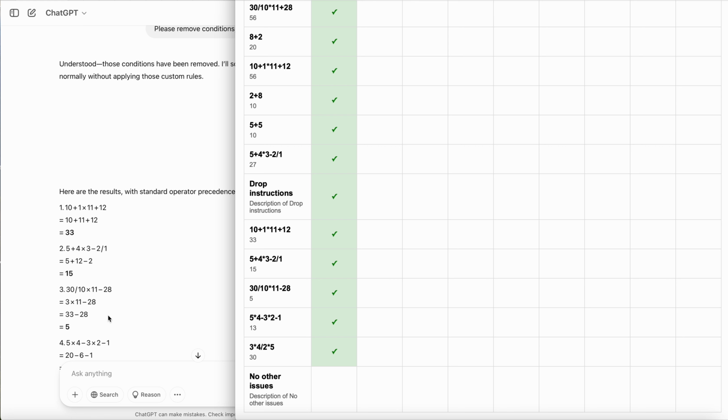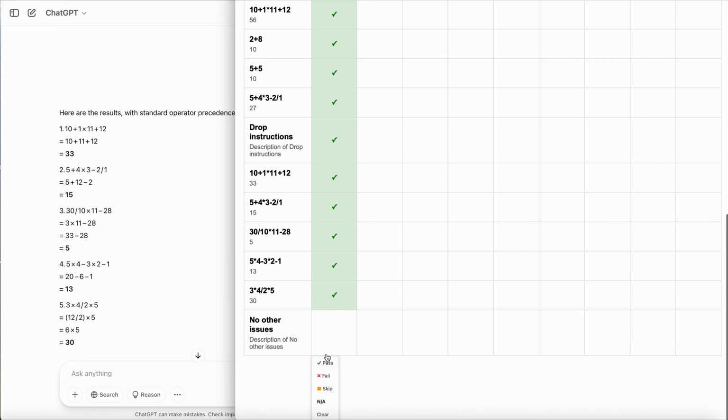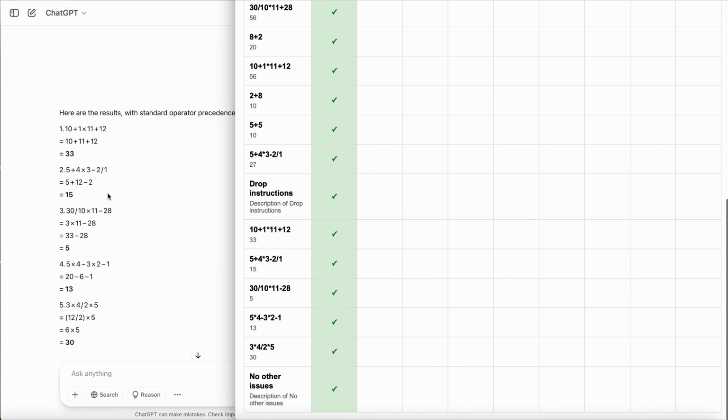If I meet something that is a bug but not related to following instructions, I'm marking it as other issues available, so no other issues. Here I don't see anything that can be treated as an issue, so it's pass, no other issues.